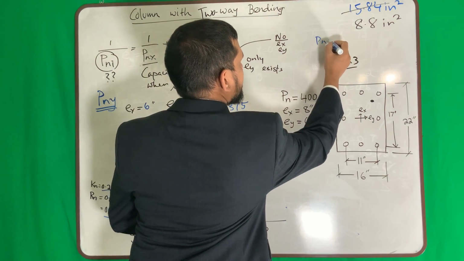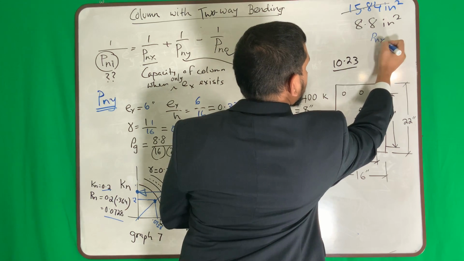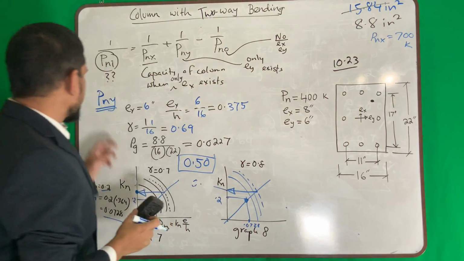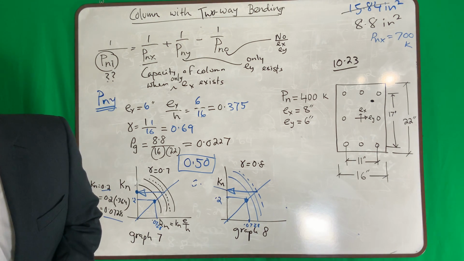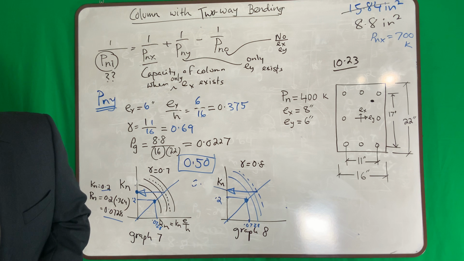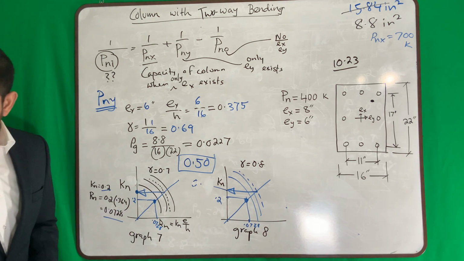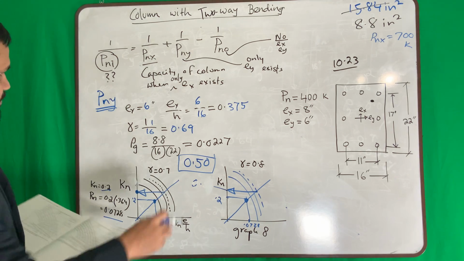So we got PNX 700 kip. Now we are finding PNY. So if I read this value now, it will be for 0.7 and 0.6 gamma.